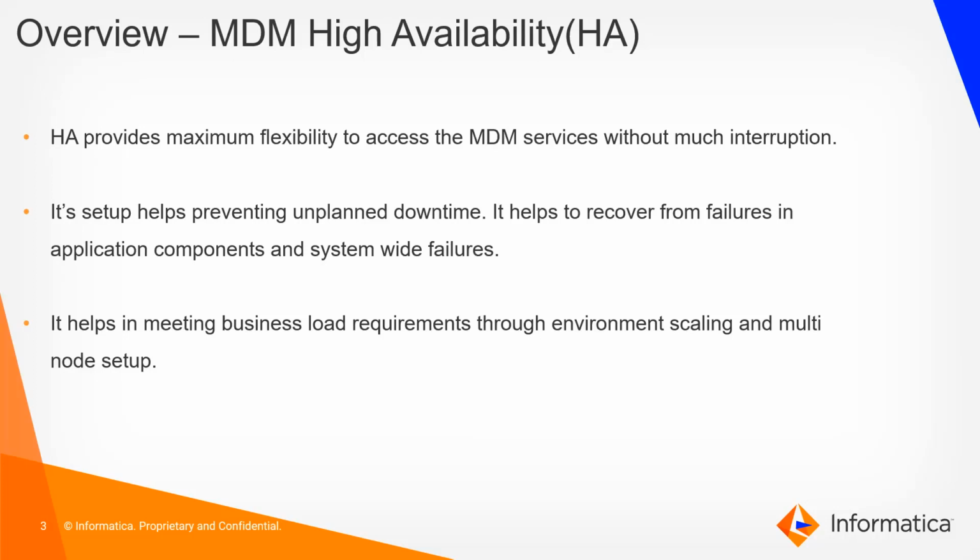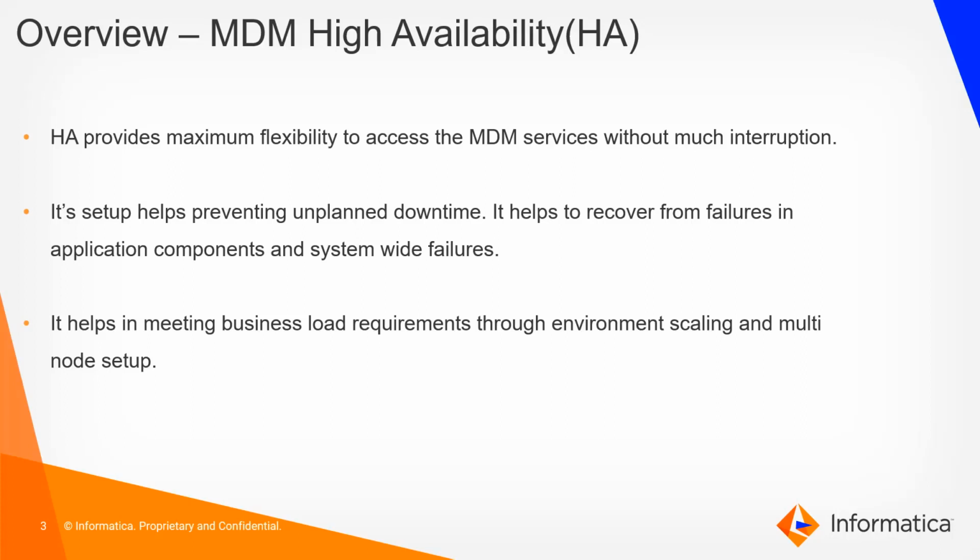When we say application components, it means that if one of the hub server nodes goes down, there are other hub server nodes available to access the MDM services. And for system-wide failures, depending on the different high availability solutions that MDM supports, even LAN failures or network failures can be handled.